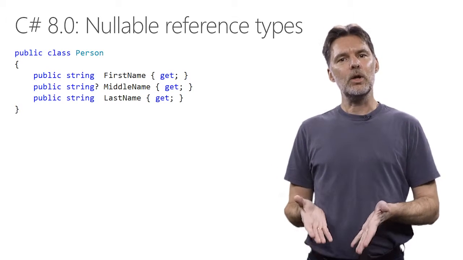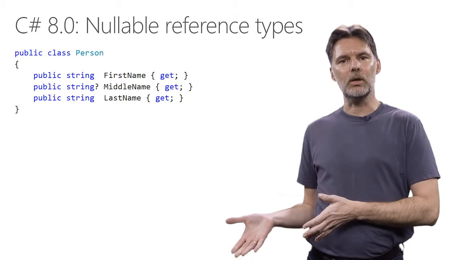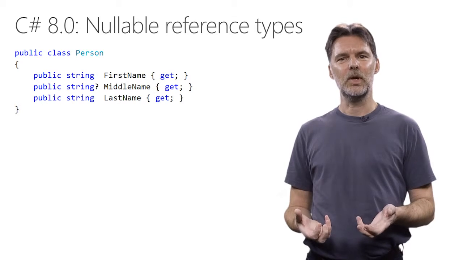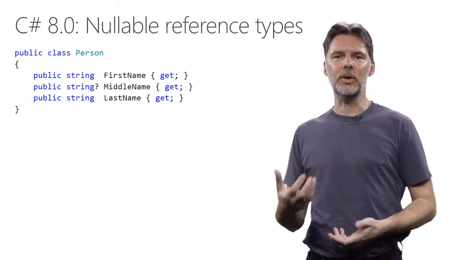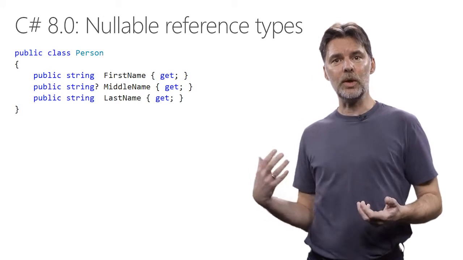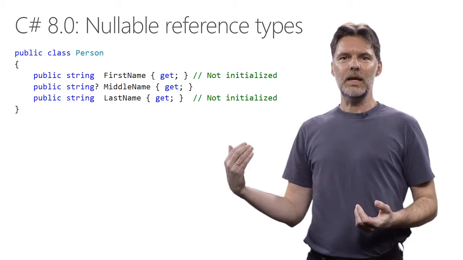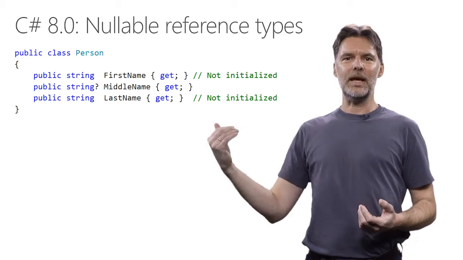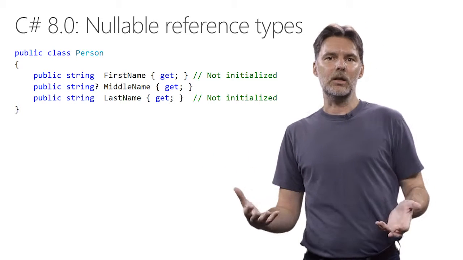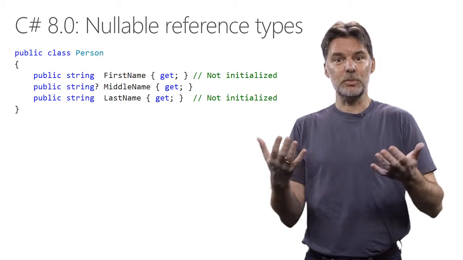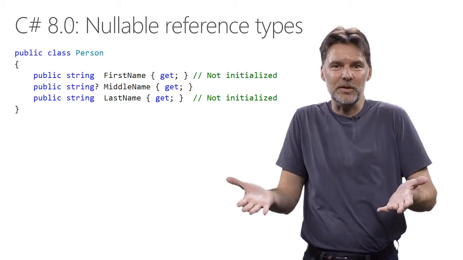But now, we also offer you a set of warnings that you can turn on, and that will help you behave according to the intent that you expressed. So now, all of a sudden, it starts helping you out. When we turn the warnings on, we find that there's a problem with this class. The default constructor does not initialize the first name and last name, so they will remain null, which is their default value, after the object is created. But they're not supposed to be null. We didn't put question marks on them.